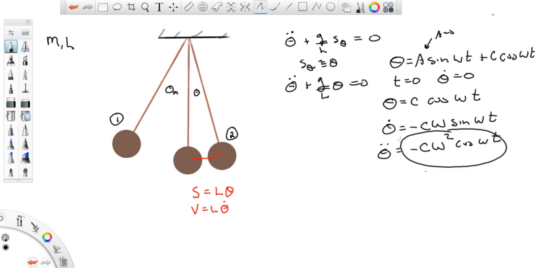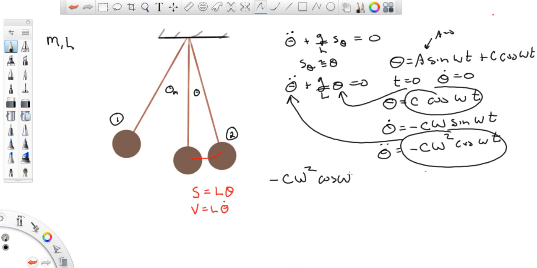Now this goes here, and this goes here. It's quite a bit of writing. And hopefully you've watched enough of these videos that you have a decent handle on this. By factoring, you're going to find that omega is the square root of g over L.